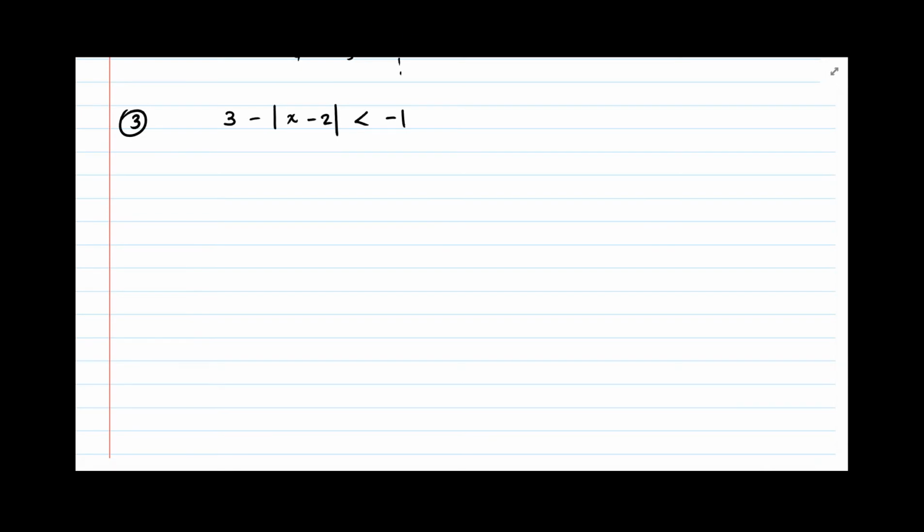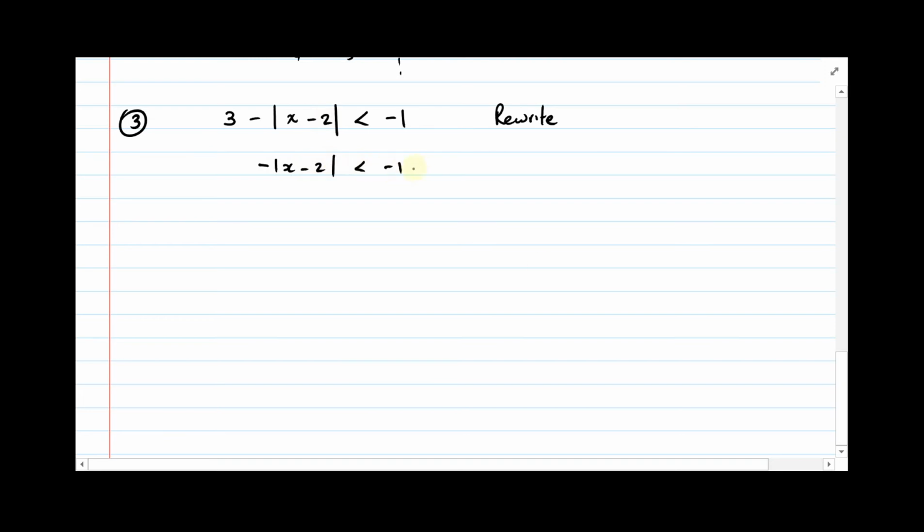What we want to do is rewrite this inequality so that we have only the absolute value on one side, everything else on the other. So in rewriting, let's get rid of the 3.